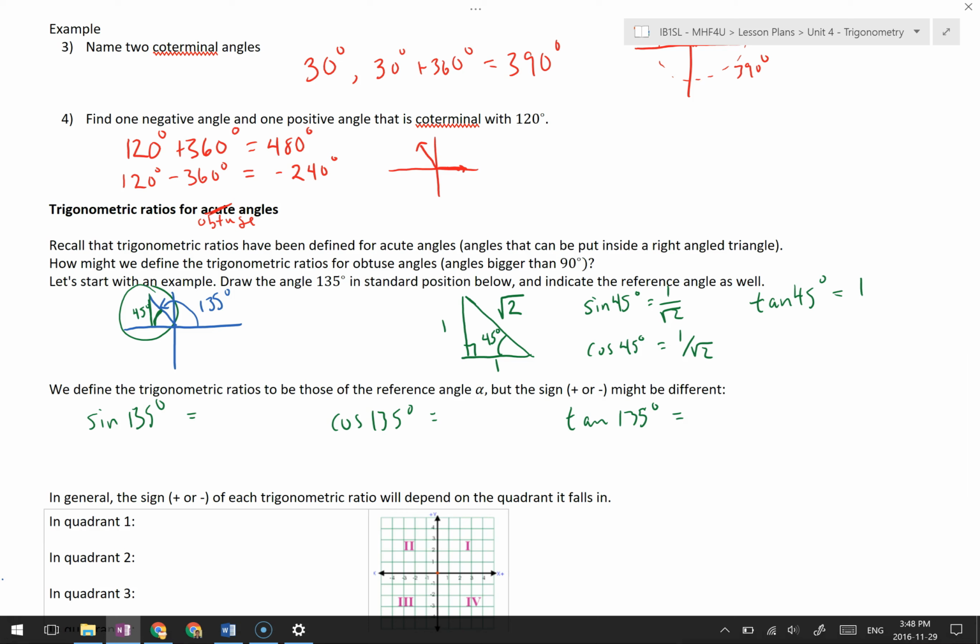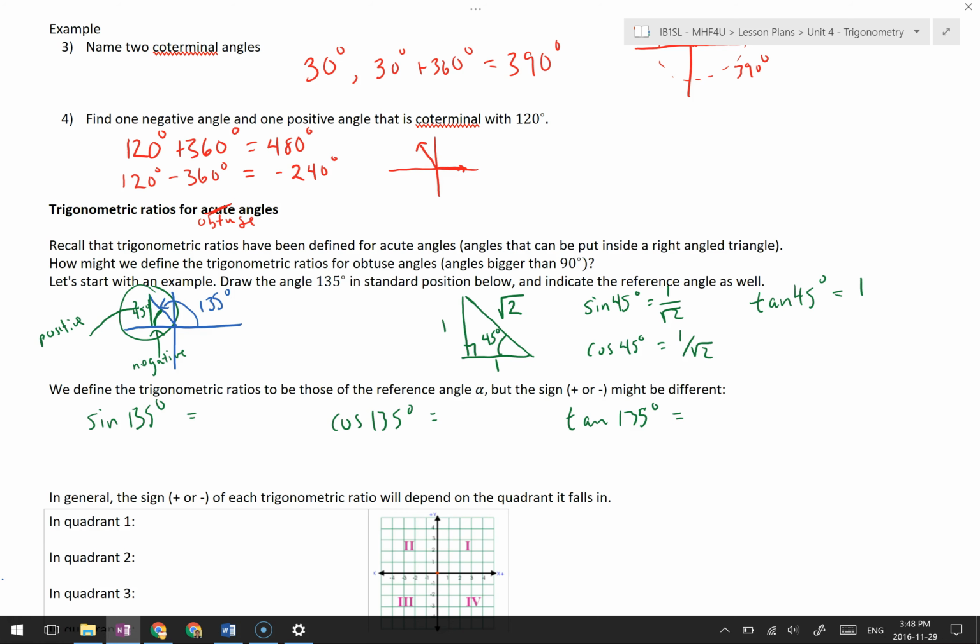So if we look at this triangle, the adjacent side is negative because we're in quadrant 2. But the opposite side is positive. And of course the hypotenuse we define always to be positive.